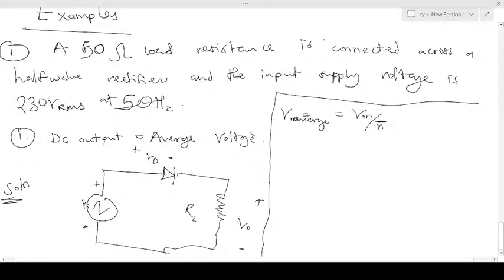Now we don't know Vm, but we do know our input supply voltage. And from previous lessons, we know that Vm is equal to our input supply voltage root mean square, or V of RMS, multiplied by the square root of 2.